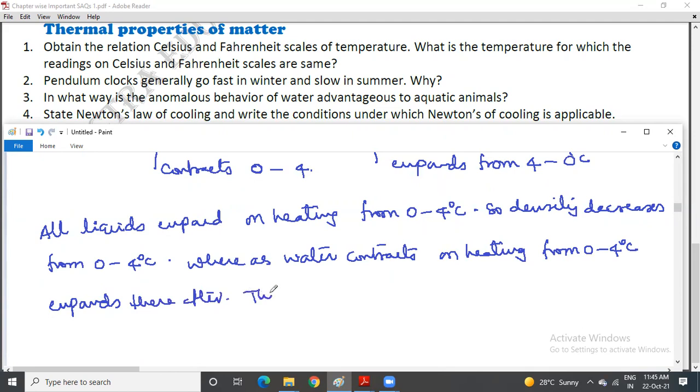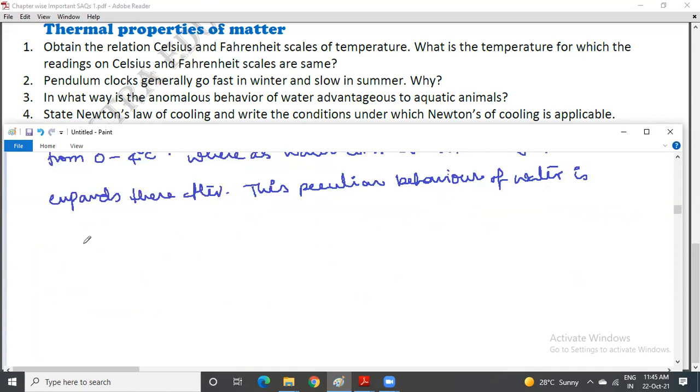So this peculiar behavior of water is called anomalous expansion.